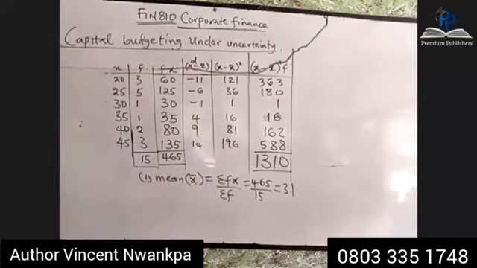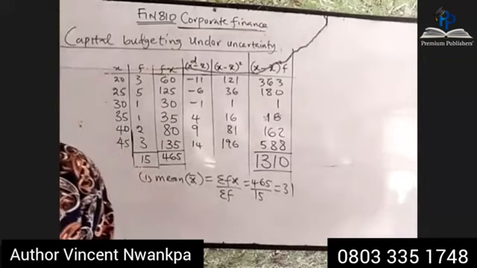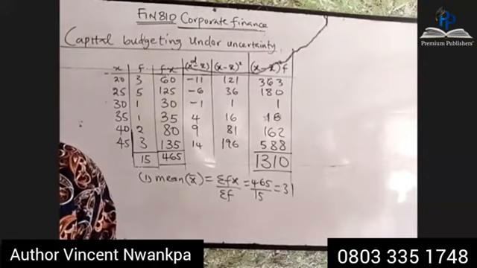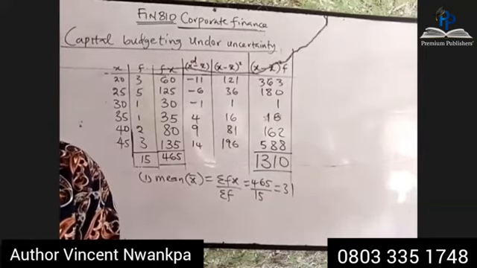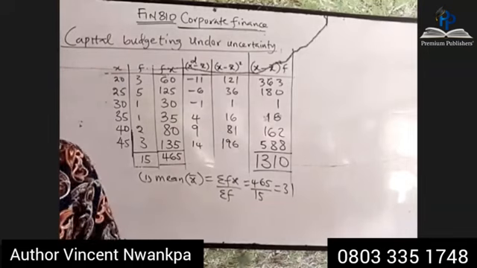Now, my variance. In finance, we use variance to determine risk. The higher the variance, the riskier the business, and you use that to know whether to invest or not.